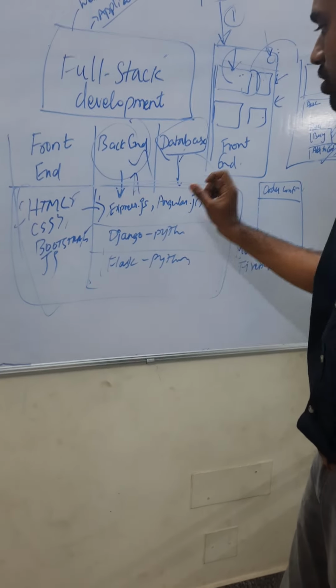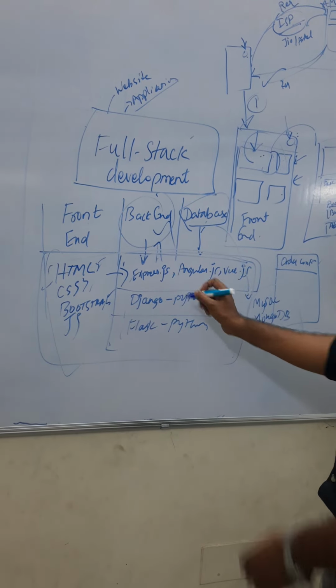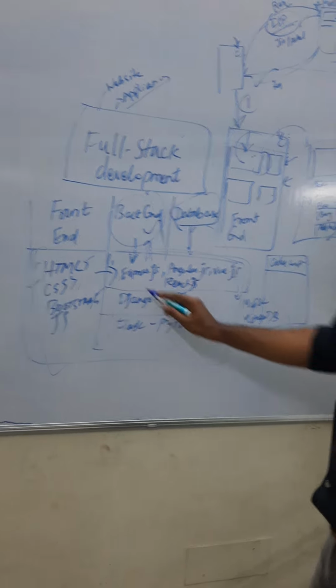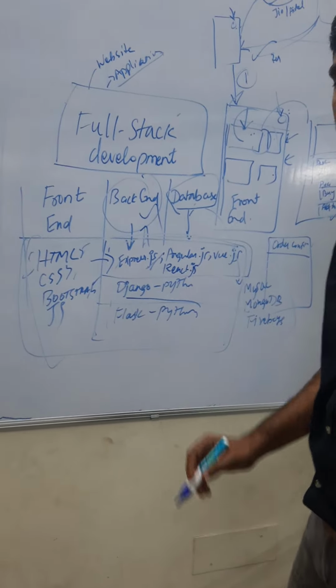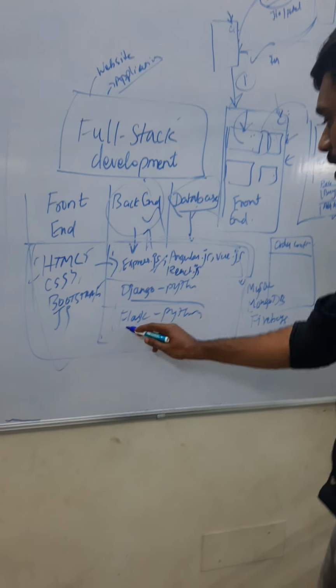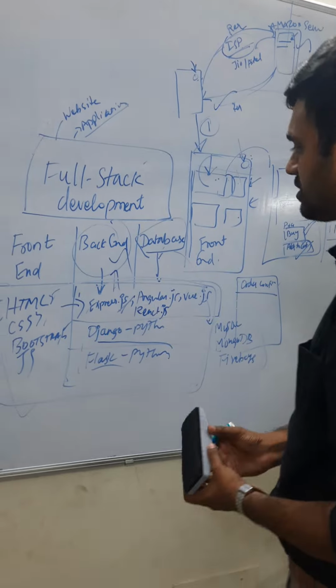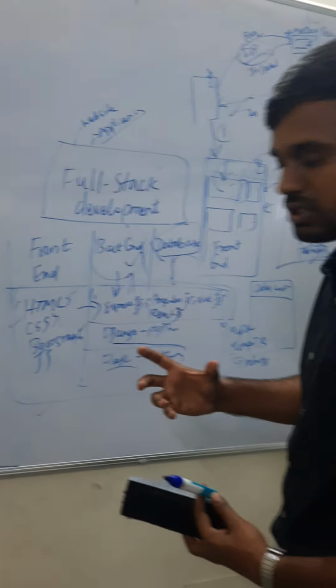Whatever you are confident with in JavaScript, you can choose any of the JavaScript frameworks. So nowadays you can see React also used in front end. So React.js you can use. Okay, there are a lot of JavaScript frameworks. Else, if you are strong in Python, you can go with Django framework or else Flask framework. Okay. So what we are offering is, we understood this scenario and we want to impact students like you.